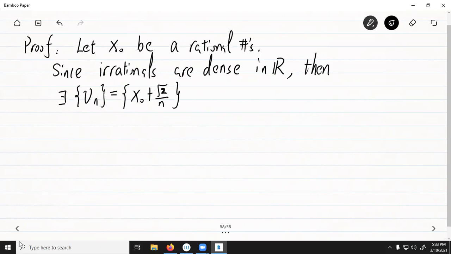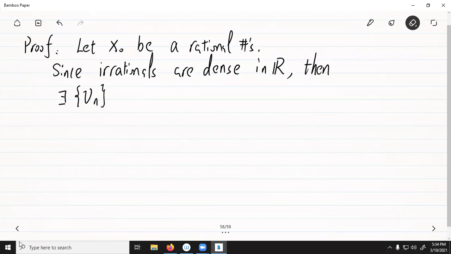Sorry, we can erase it. This is just an example to help you understand. We can always find one. Since irrationals are dense, we have a theorem from the section on sets that guarantees it. So for any point in R, you can always find a sequence of irrationals approaching it, right?